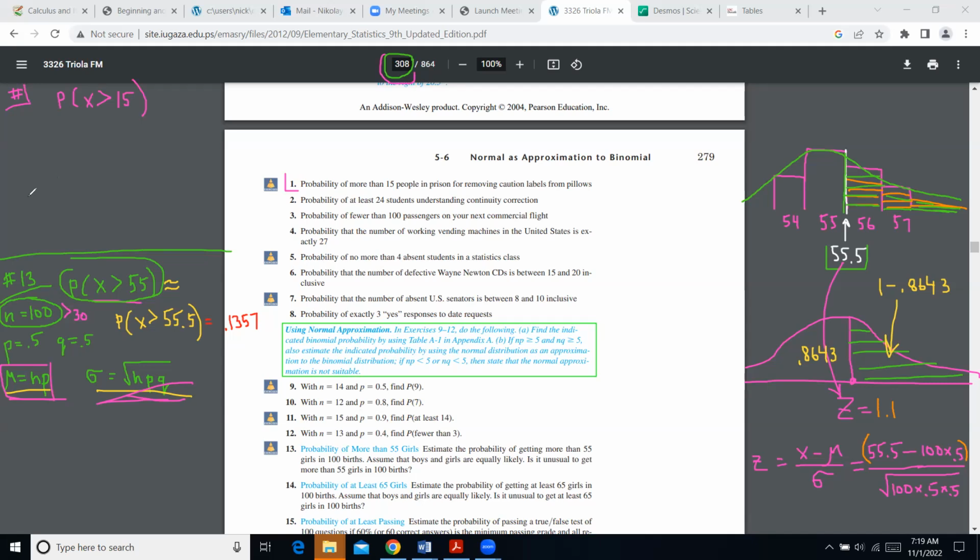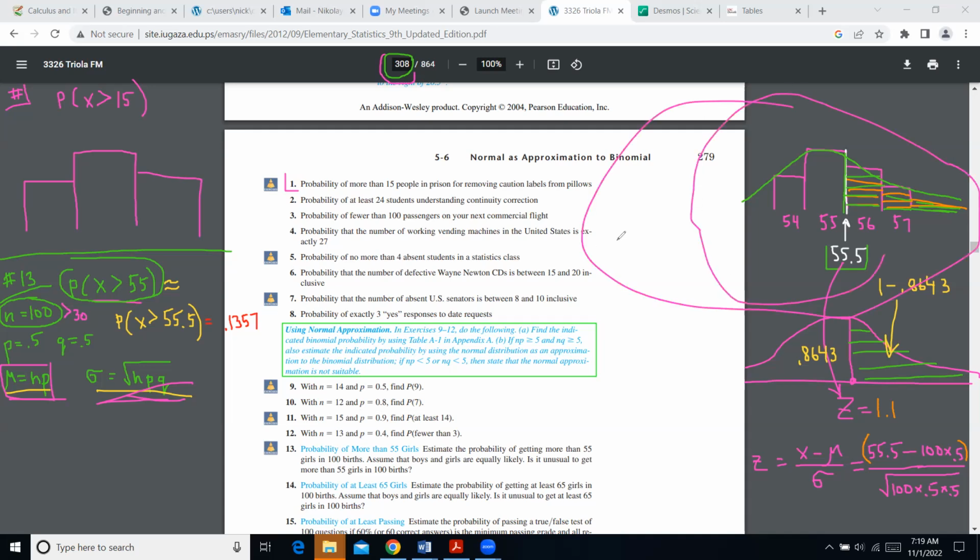X is more than 15. So how to do the approximation of this with the normal distribution? Just like in the previous example, I'm going to make a picture analogous to the one that I had there on the right. Now I care about 15 here, right? So next is 16 and previous is 14.